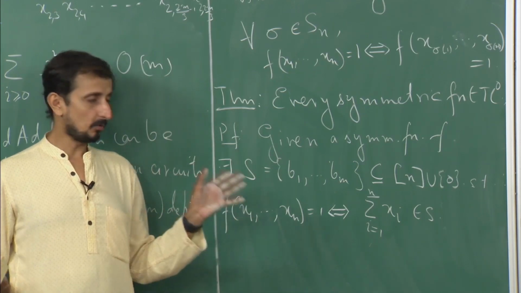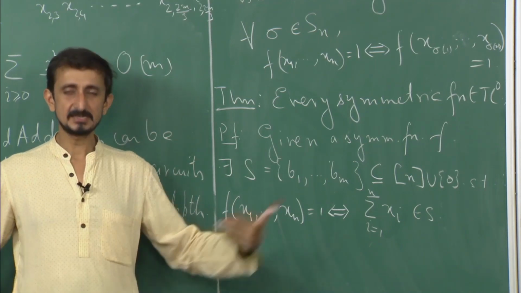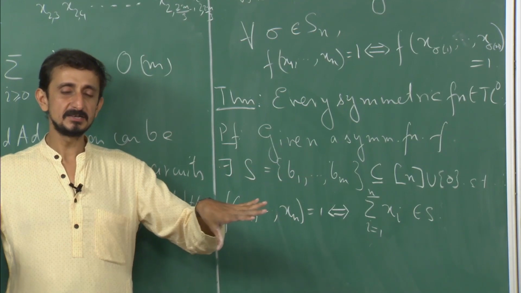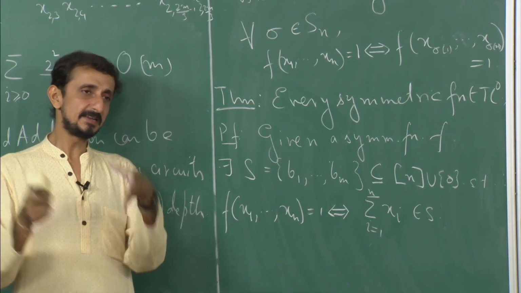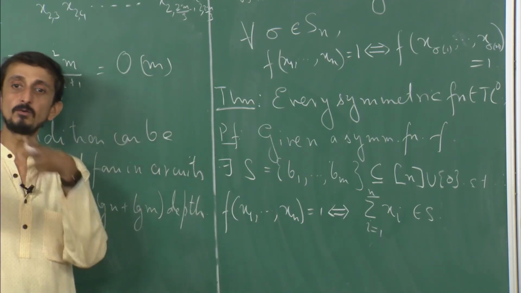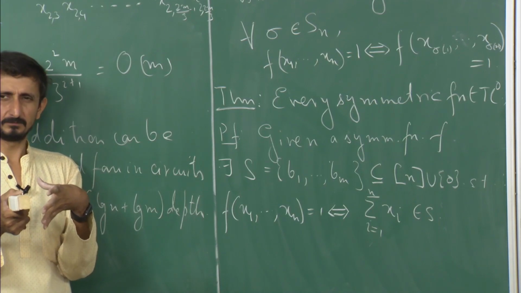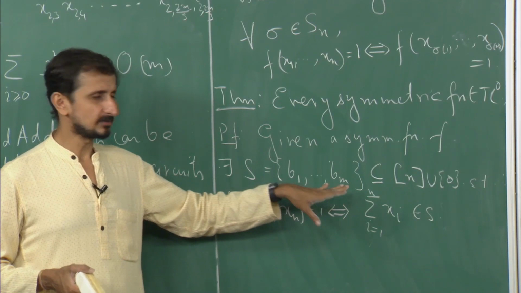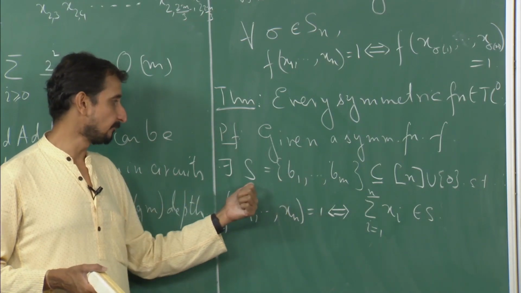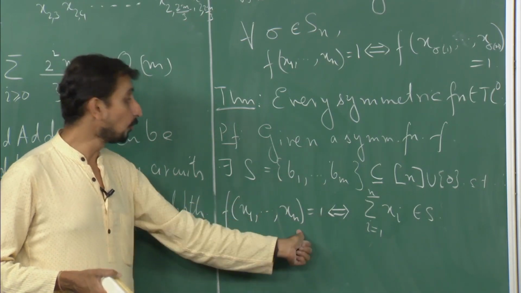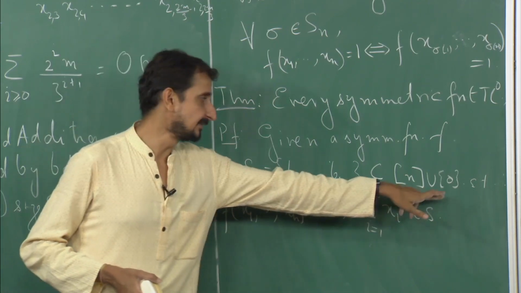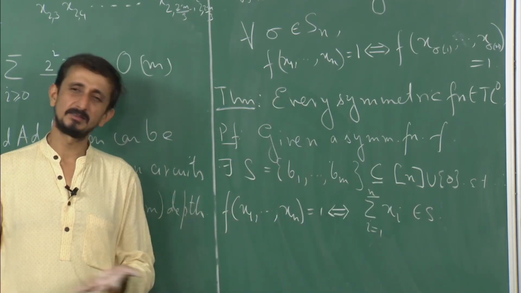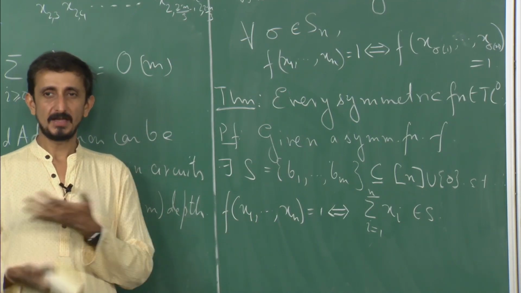Look at all those inputs and partition them into sets such that in each partition you have an equal number of ones. These are basically my B1 up to Bm. Maybe there is some input on which I have no ones at all, that is the 0, and then some other input on which there are 2 ones, some other input on which there are 5 ones, and so on.